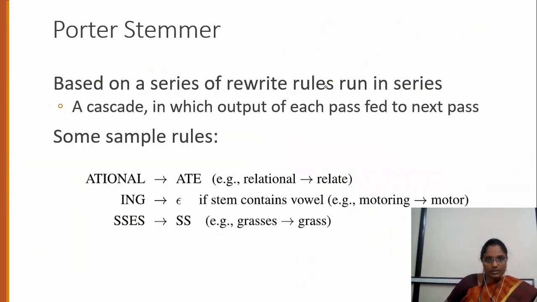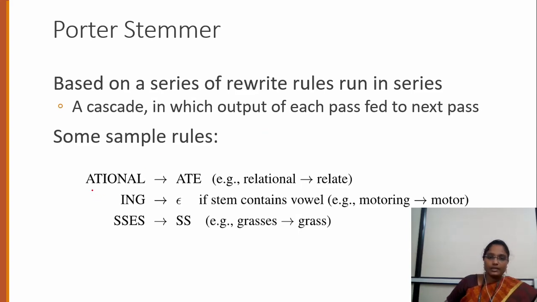We have an algorithm called the Porter Stemmer algorithm. It is based on a series of rewrite rules, and it runs in series, so it is a cascade. As it runs in series, the output of each pass is given to the next pass.